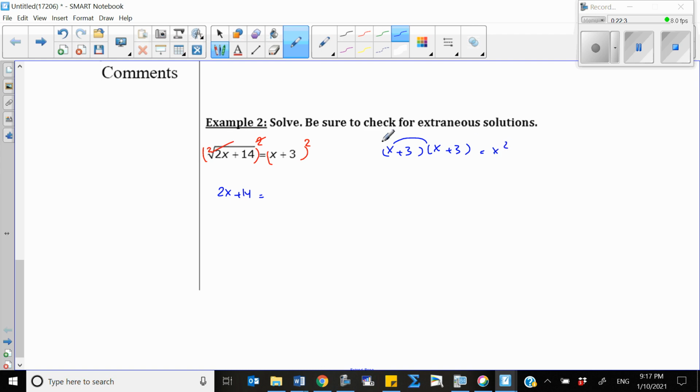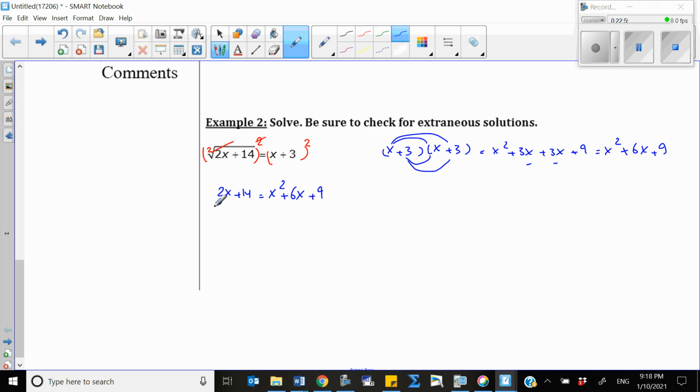X times x is x squared, x times 3, 3x, 3 times x, 3x, and 3 times 3, which is 9. Then combine the like terms, 3x and 3x. It will be x squared plus 6x plus 9. So the right side is x squared plus 6x plus 9.